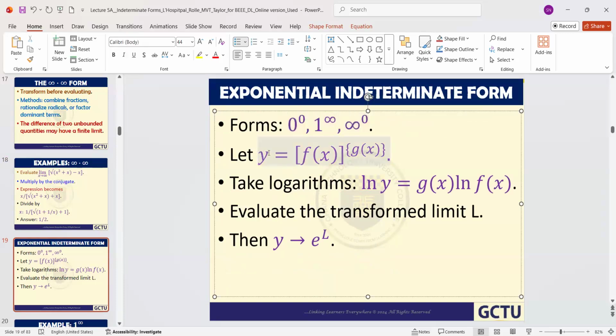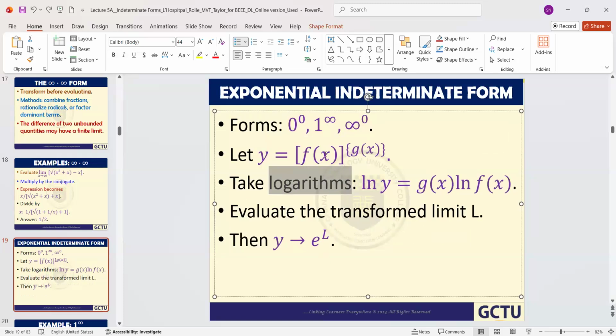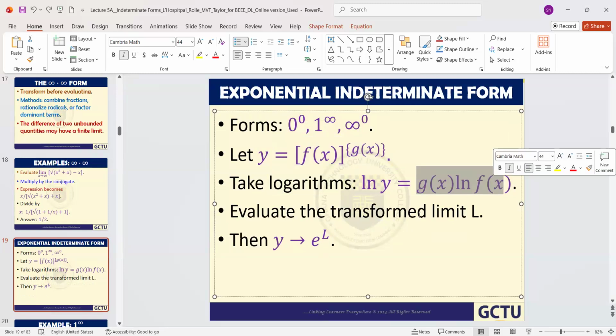If you are given a function y equal to f of x raised to the power g of x, that means a function raised to the power of a function, then the method is to take log on both sides. So remember this technique. You take log on both sides. So natural log of y becomes, if you take natural log of f of x, we get the power coming to multiply: g of x times natural log of f of x.